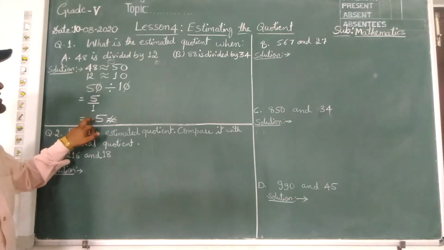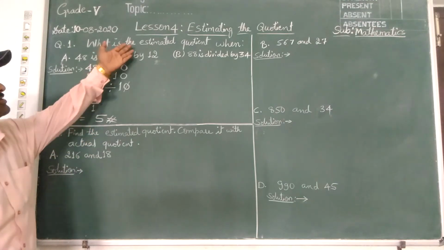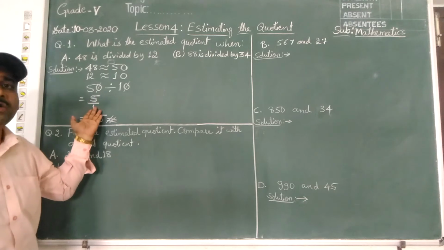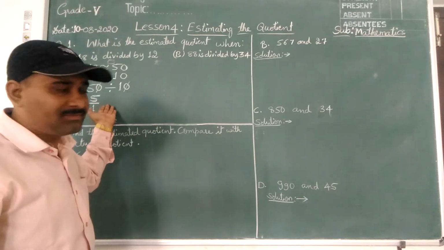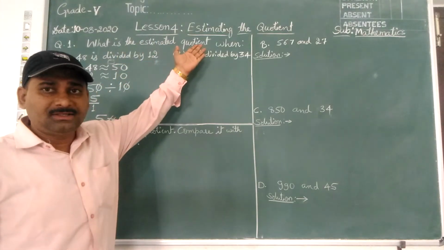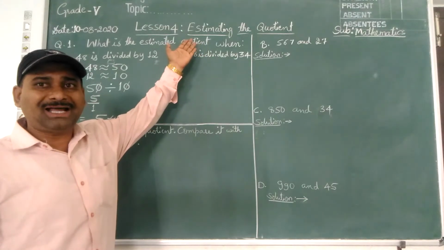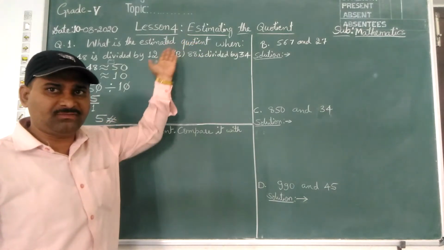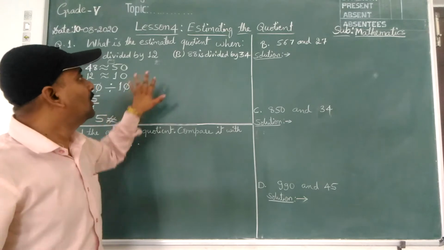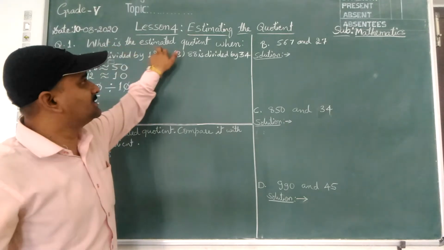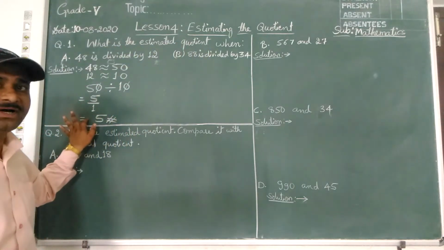So this is the estimated quotient. They asked us to find the estimated quotient. Here no need to find the actual quotient because it is not asked. In the question it is not asked to find the actual quotient. Therefore we are not finding the actual quotient. The estimated quotient is 5.